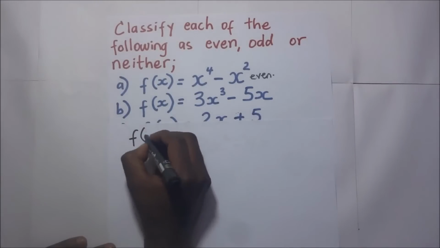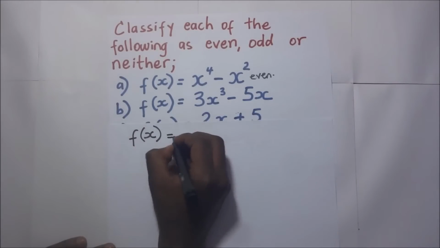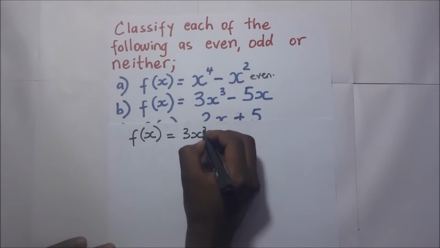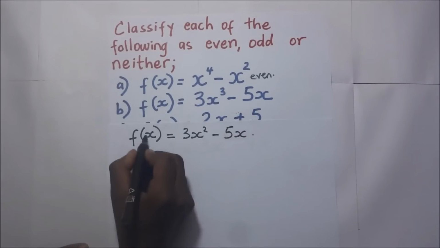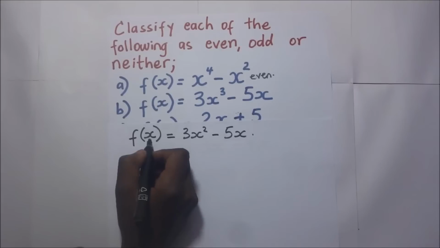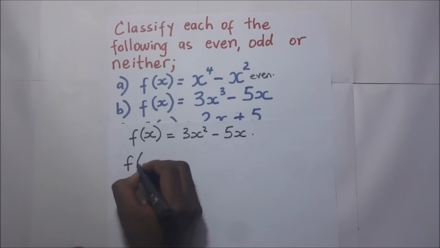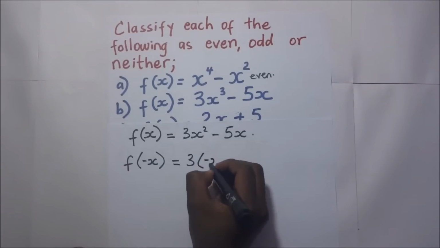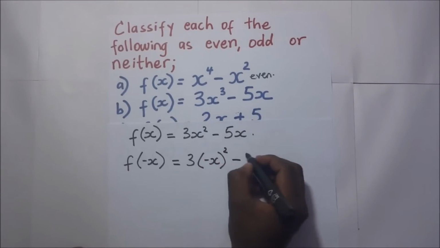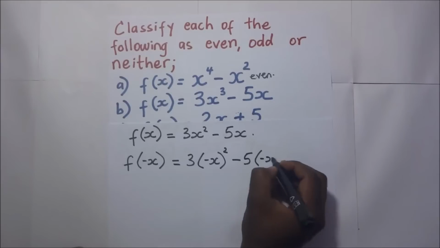Part B, the function f of x is 3x cubed minus 5x. That's the function. So let's plug in a negative here and see what we get. f of negative x is going to give us 3 into negative x cubed minus 5 into negative x.